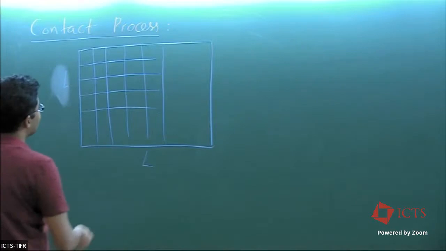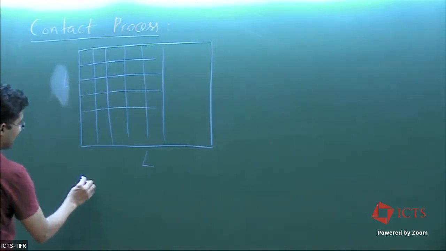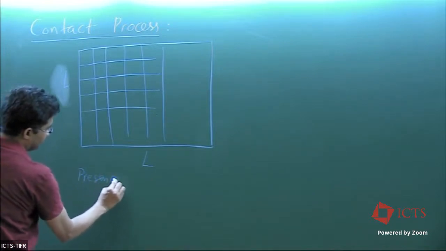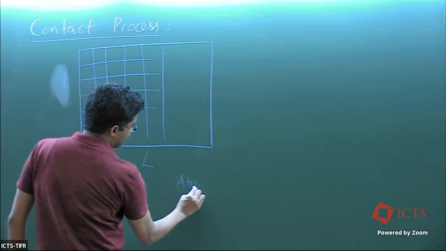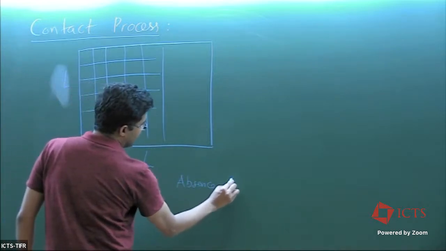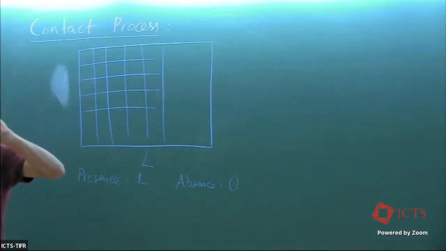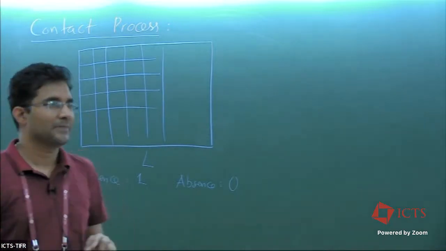So we assume that each cell can have individuals, and we represent presence of an individual by 1 and absence by 0. So basically each site can have only two possible states, two possible values, 0 and 1.